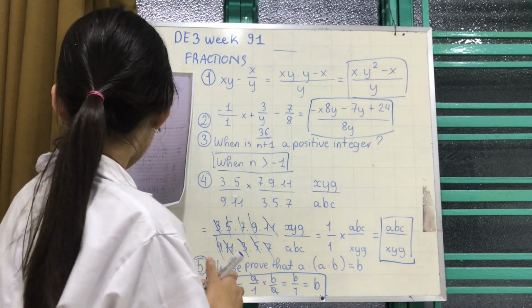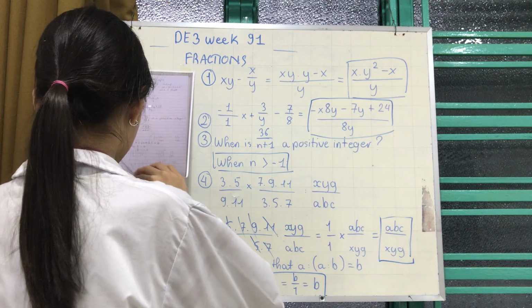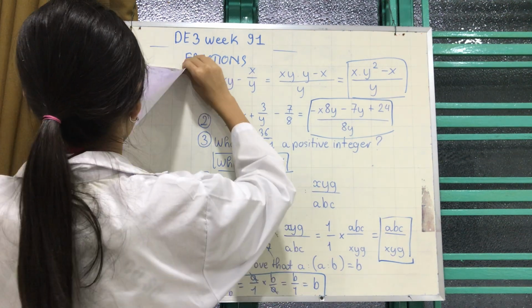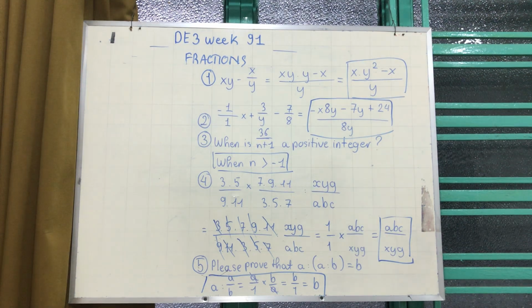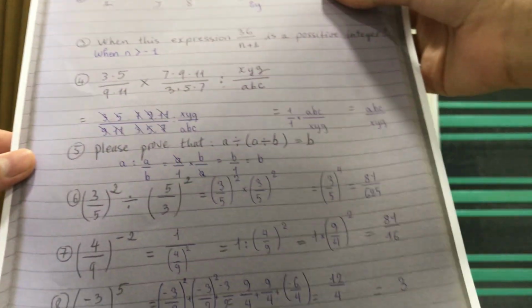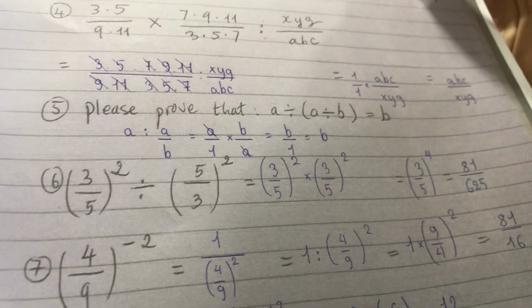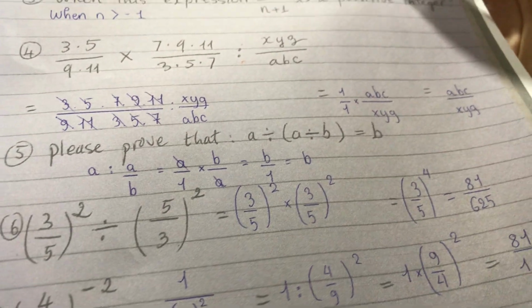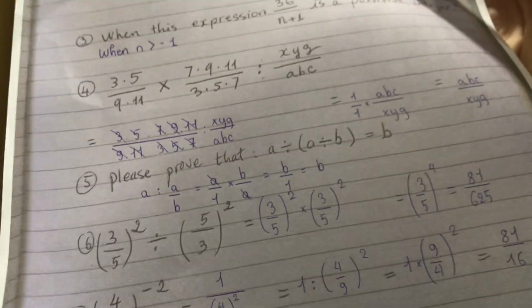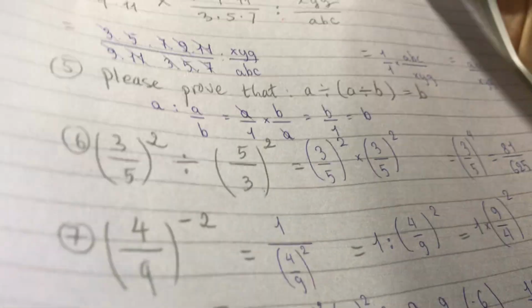For problems 6 to 8, I think that I could show it to you on the screen here. Can you see it? Okay, so for problem number 6, we have 3 over 5 to the power of 2 divided by 5 over 3 to the power of 2, and that will equal 3 over 5 squared times 3 over 5 squared.